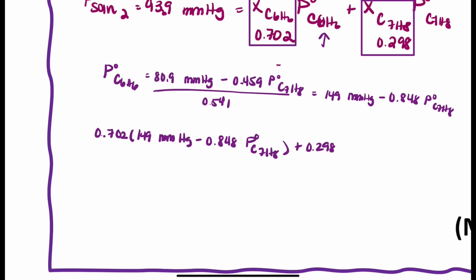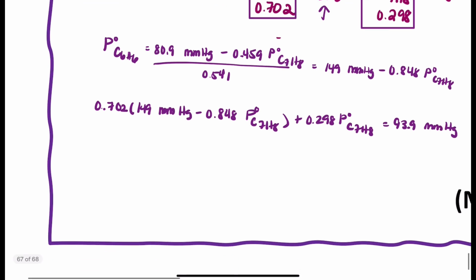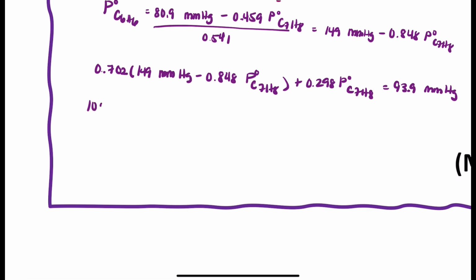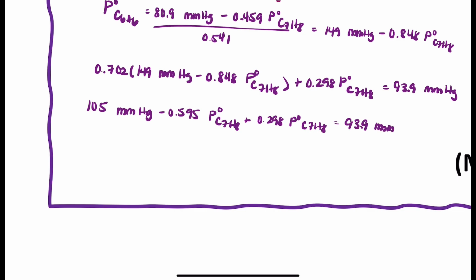Plus 0.298 partial pressure C7H8, 93.9 millimeters of mercury. I get 105 millimeters of mercury minus 0.9595 partial pressure C7H8 plus 0.298 partial pressure of C7H8 is equal to 93.9 millimeters of mercury.